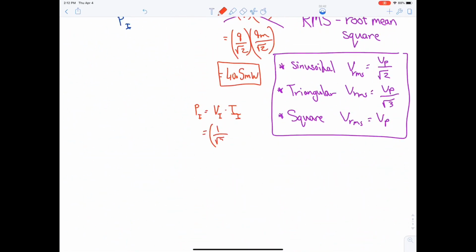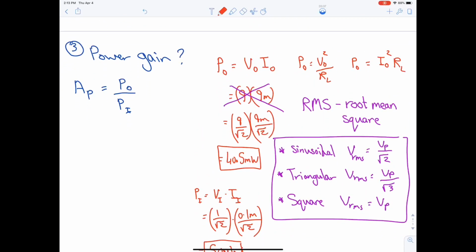So it's 1 divided by root 2 multiplied by 0.1 milli divided by root 2, which will give me 50 microwatt. Okay, let's plug in the numbers here in the main equation, and this will give me 810 watt over watt. Okay, I hope it's clear.